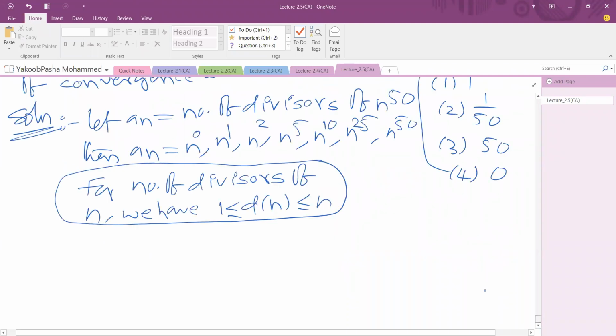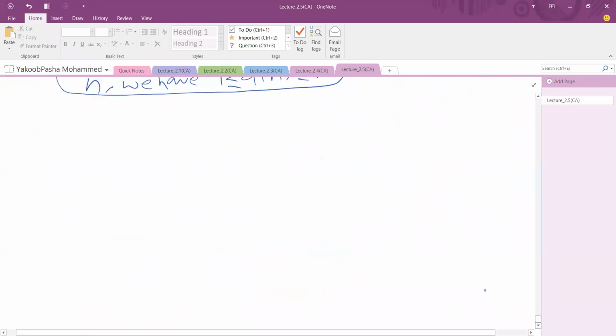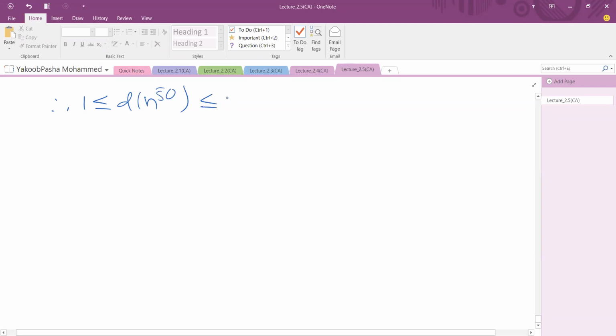For the number of divisors of n^50, we can replace n by n^50 here. Therefore, we can write 1 ≤ d(n^50) ≤ n^50. So d(n^50), which is our a_n, is less than or equal to n^50.